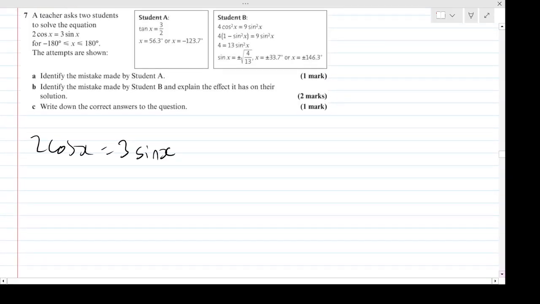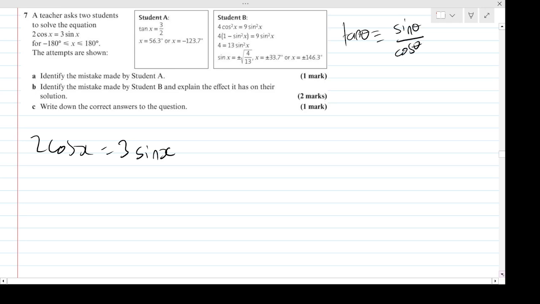So we're going to solve this then. Again, we can't factor anything out, right? If I move the 3 sin x to the other side, say 2 cos x minus 3 sin x equals 0, I couldn't factor anything out, so I am free to divide, right? To simplify the equation, I can divide through. Well, we need to use our identities, so we should recall that tan theta is the same as sine theta over cos theta.